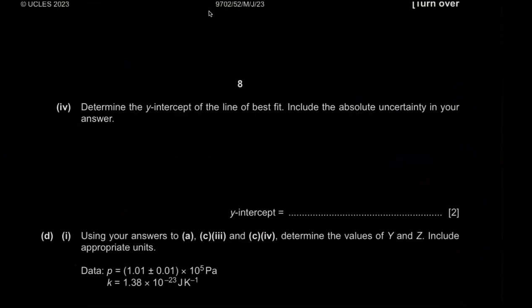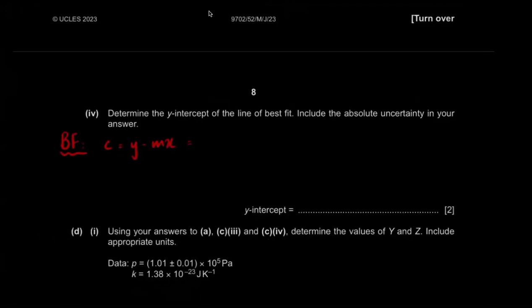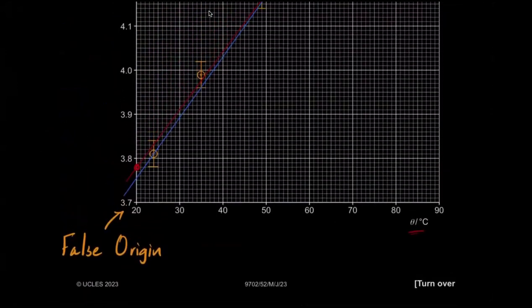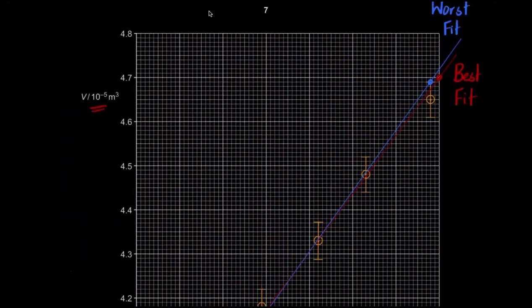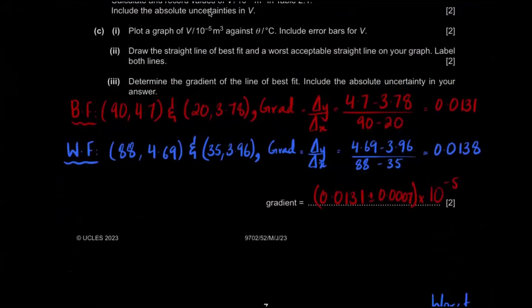And again, you know that we cannot use the intercept from the graph here. So for the best fit line, I just rearrange y equals mx plus c. So c would be y minus mx. So I just pick up a point. I pick up the gradient for the line of best fit.